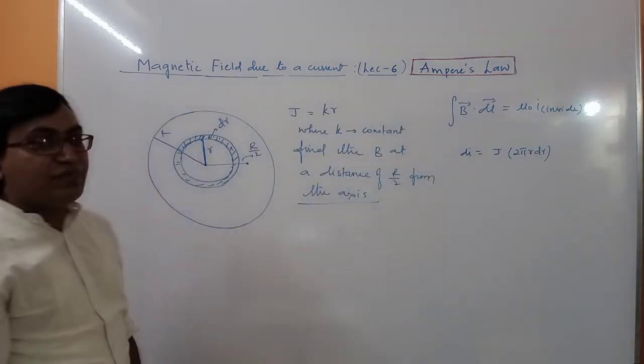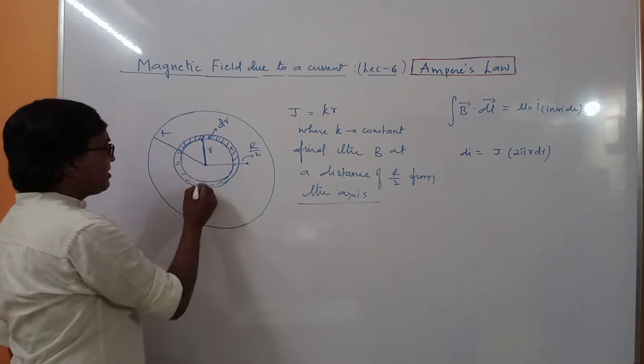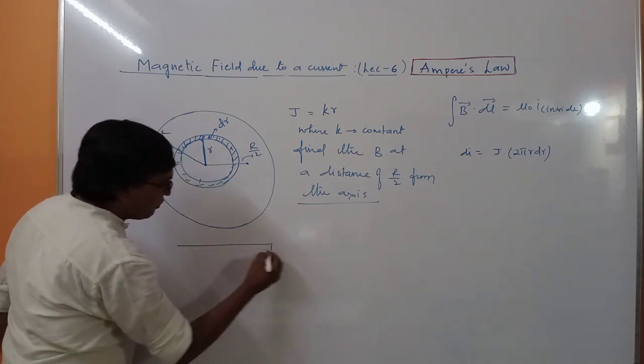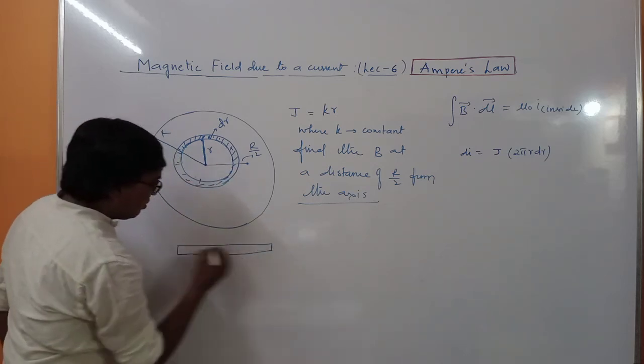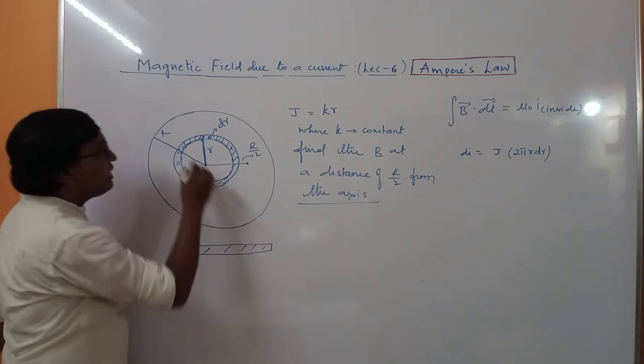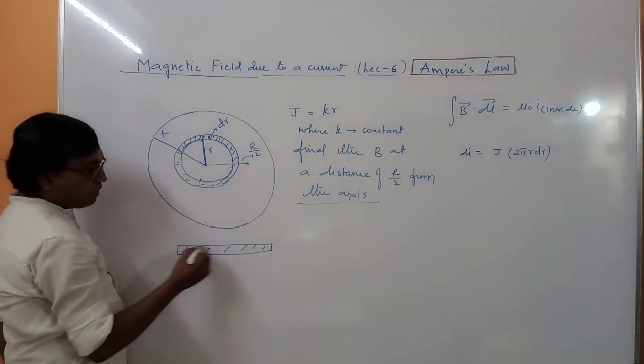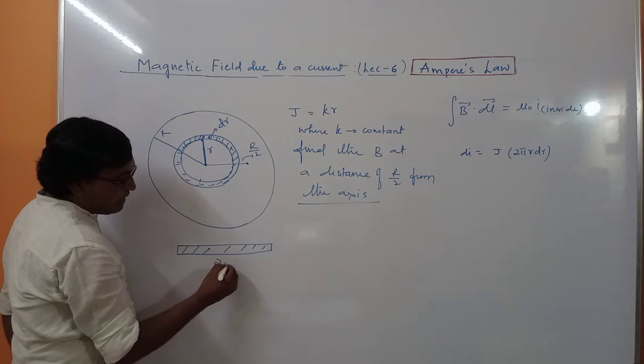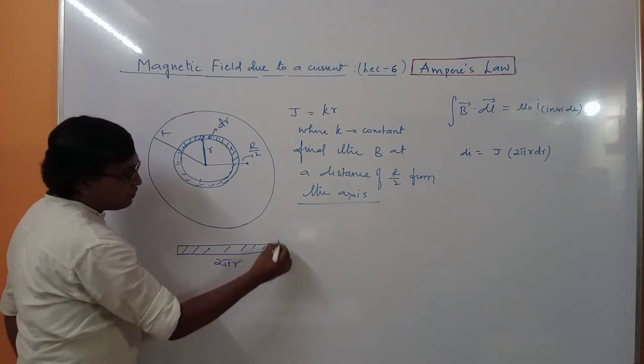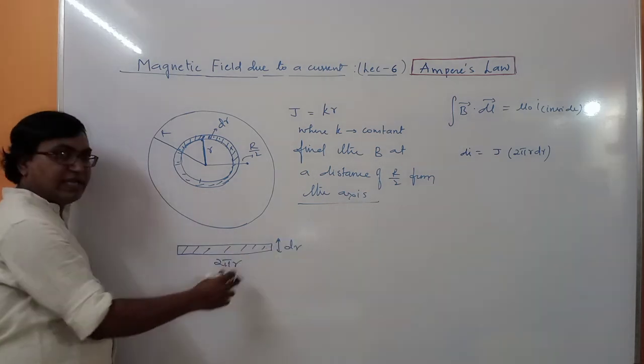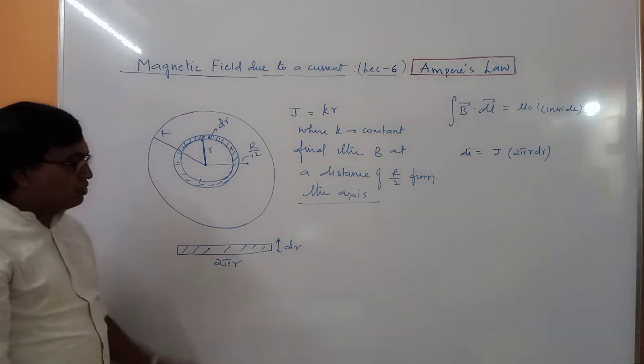J is variable. If you cut this small elemental ring, then its length will be 2 pi r and its width is dr, so its area is 2 pi r into dr. This is an approximation.